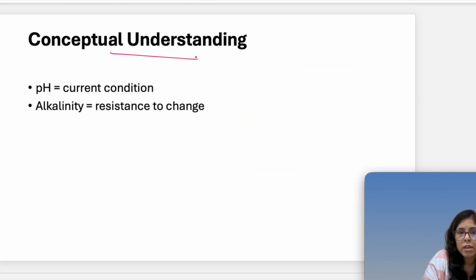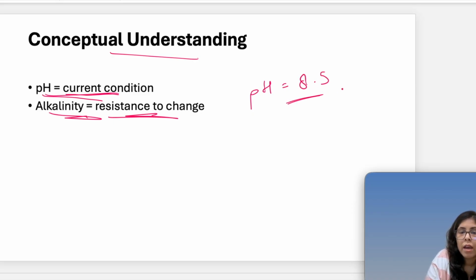So the conceptual understanding here is that pH is the current condition, and alkalinity is the resistance to change that. If the pH is 8.5, and I start adding more and more acid, I told you the water is always in the range of 6.5 to 8.5 pH, like natural water.